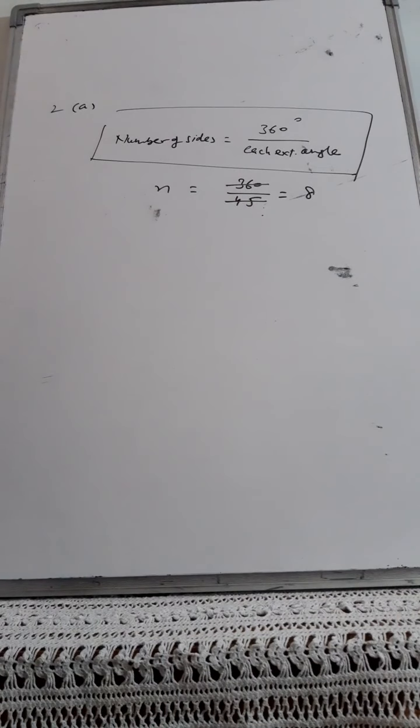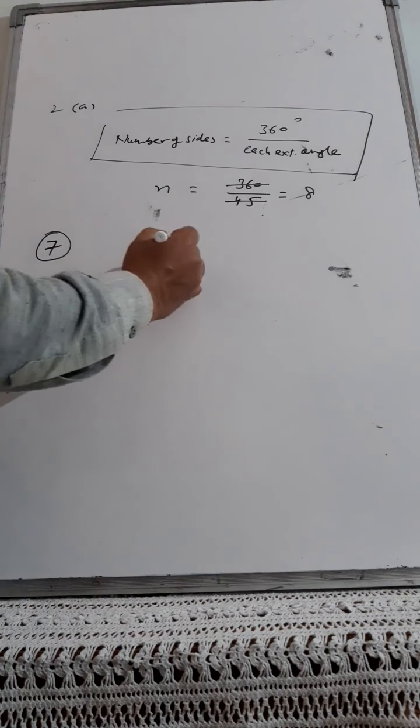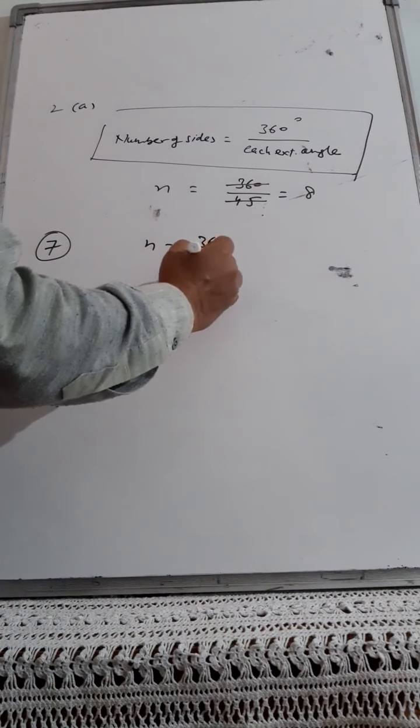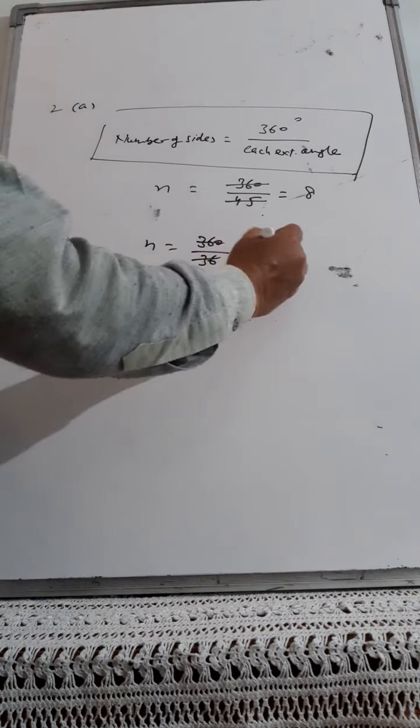Now other questions based on the same idea, you pick from this exercise only. Go to question number 7. How many sides does a regular polygon have if the measure of the exterior angle is given? I'm talking about question number 7 first, because these are all of one category. So n here will be equal to 360 upon 36, which is equal to 10.